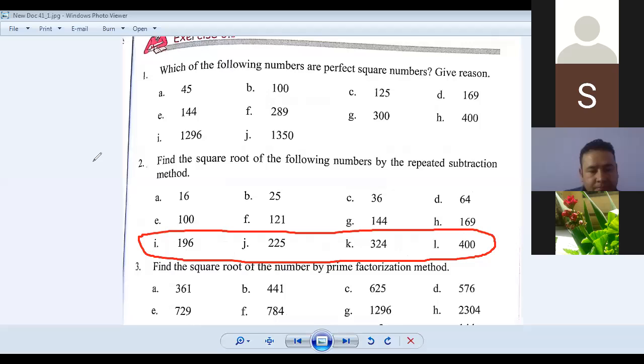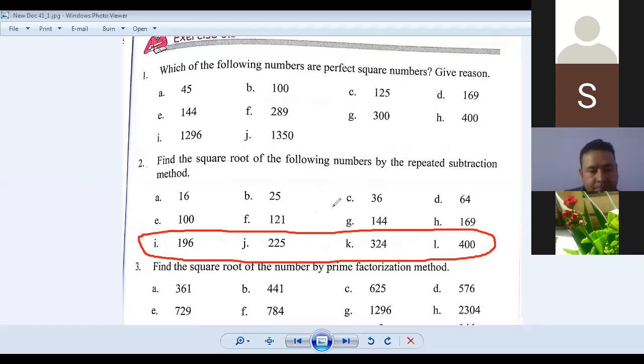Okay, sir. And tomorrow we'll discuss the next idea, the prime factorization process and another division process. Do you have any queries about today's topic? Tomorrow we'll discuss square root by the division process and the prime factorization process.